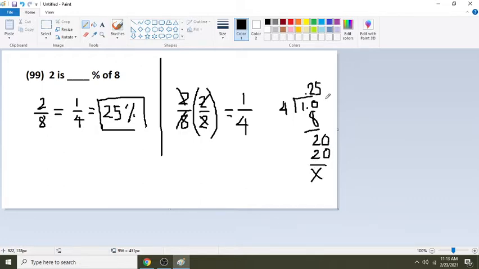That's 0.25. To convert this into percentage, you just move the decimal point 2 places to the right, which leaves you with 25%.